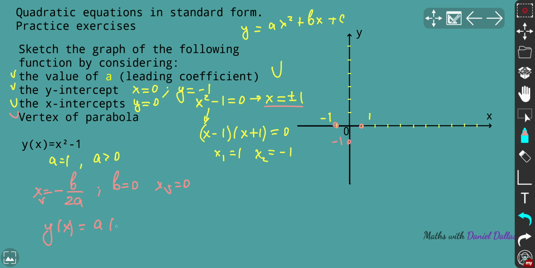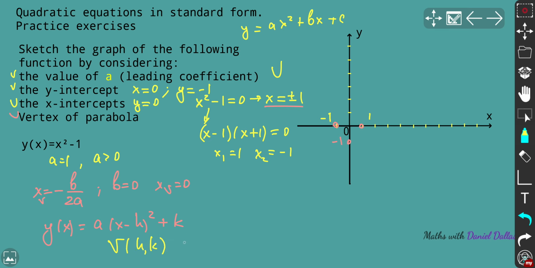So the general vertex form is x minus h squared plus k, where h and k are the vertex coordinates. So the vertex will have the coordinates h and k. In our case, h is 0 and k is negative 1. However, we found in the same manner x vertex as 0, so this is correct.